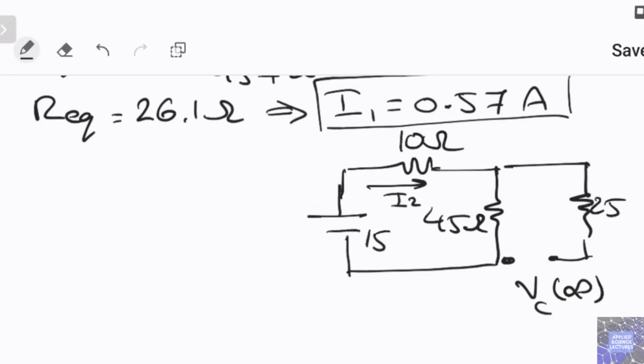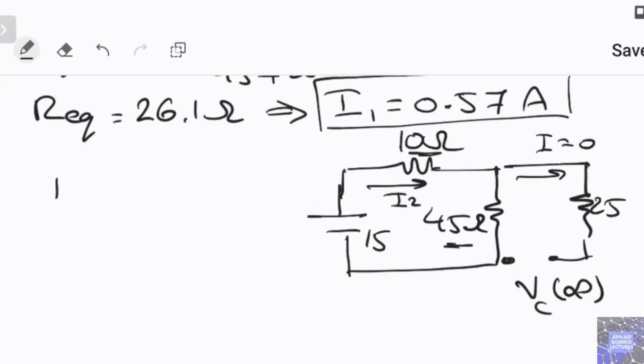So if I want to calculate the current through the 10 ohm, since this one is an open circuit, there is no current. The current going in here is 0. That's an open circuit, which means I2 will only go through the 10 ohm and the 45 ohm resistor.